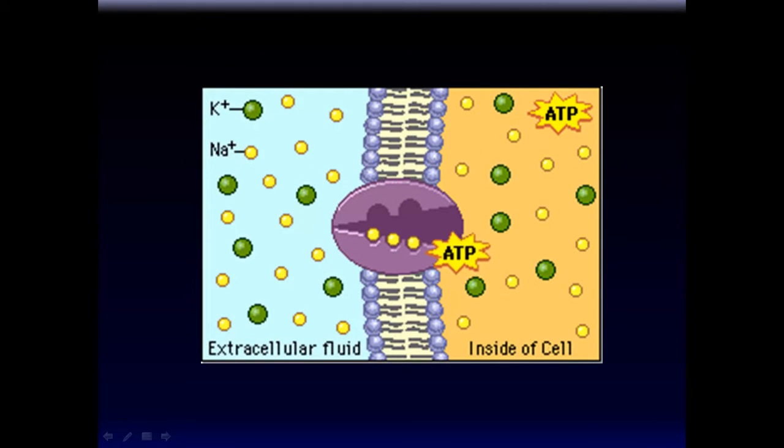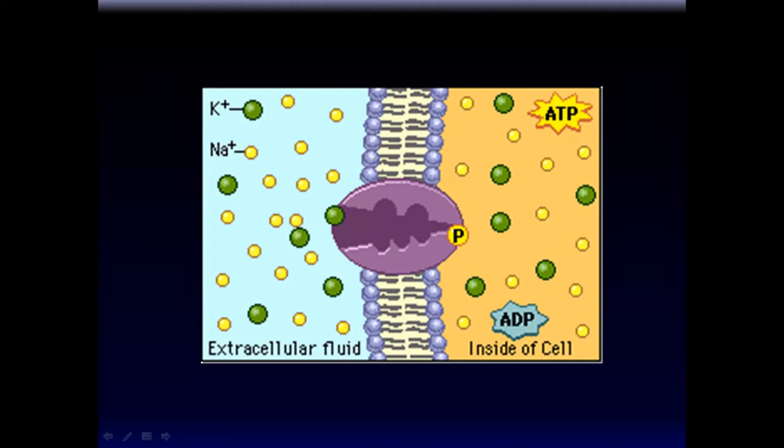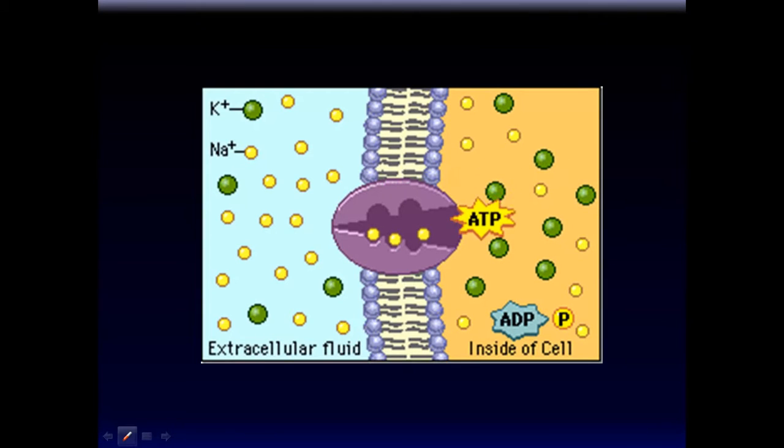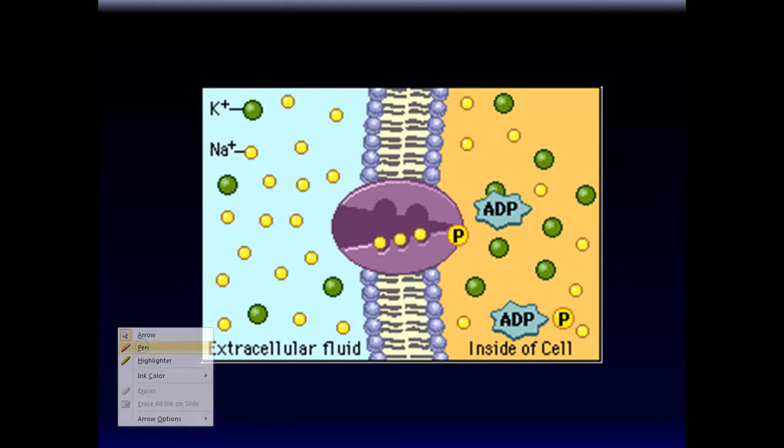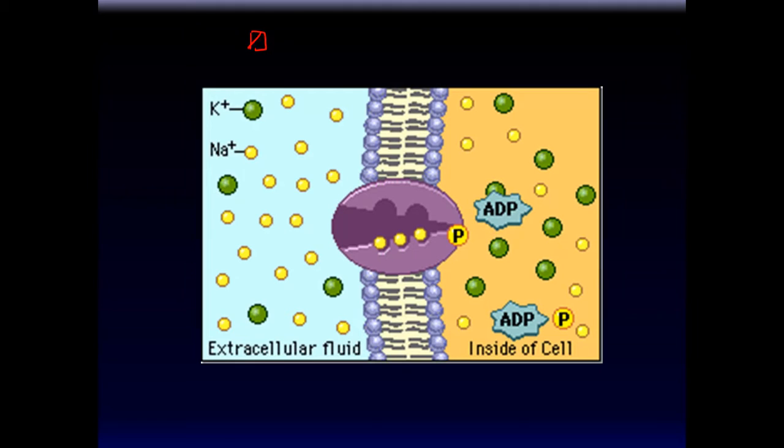Now, here's an interesting phenomenon. If you observe here, something very interesting is happening. We said that things will go from an area of higher concentration to an area of low concentration, right? Things will naturally go from higher concentration to lower concentration.